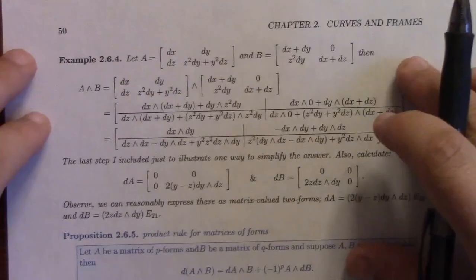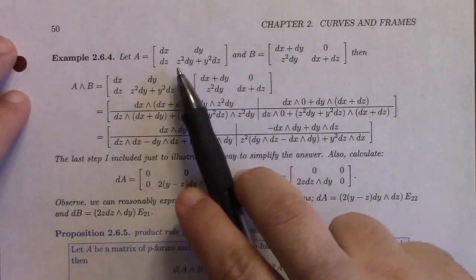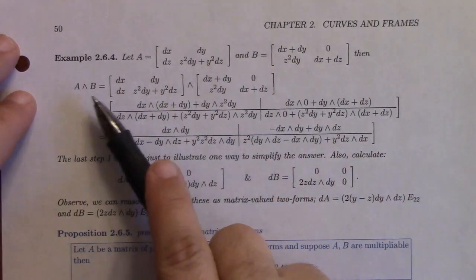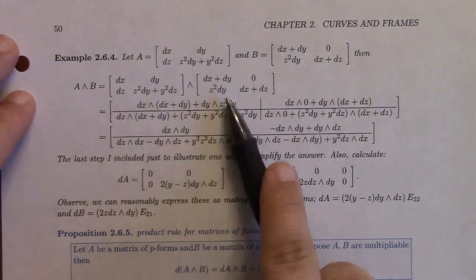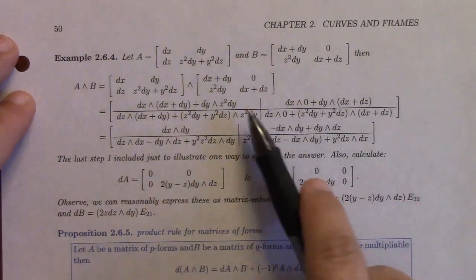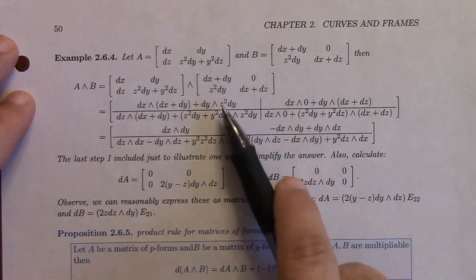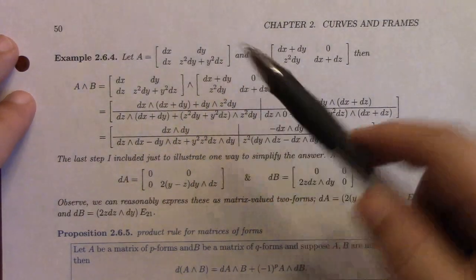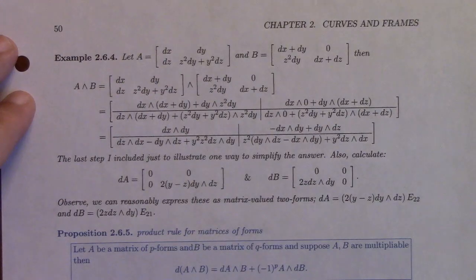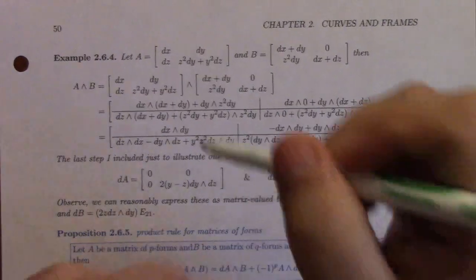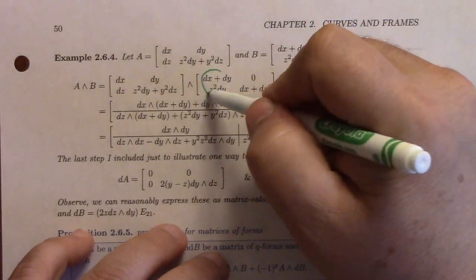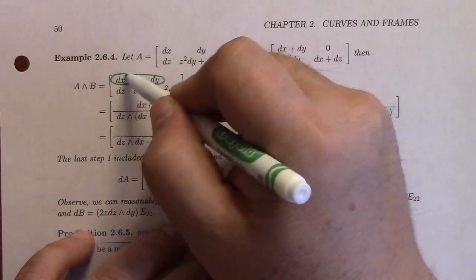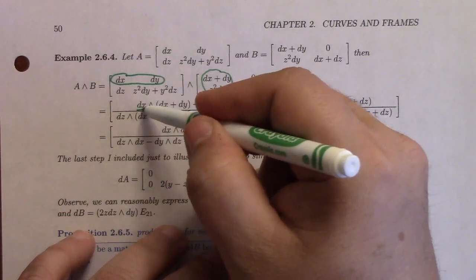All right, so here A is this matrix of one forms, and B is this matrix of one forms. I take the wedge product of the two matrices, and to do that, we just multiply them like they're numbers, but the multiplication becomes wedges. Typically, I think about taking the dot product of the column of the right factor with the row of the left factor to get an entry like this one.